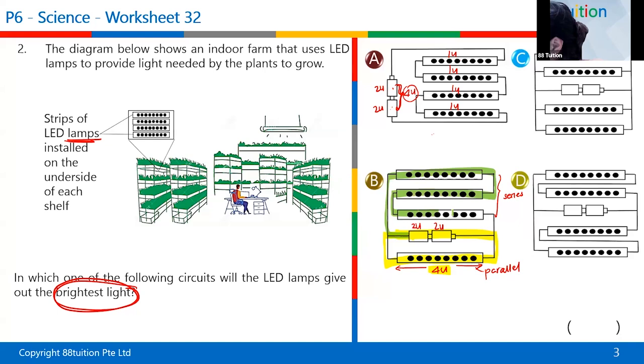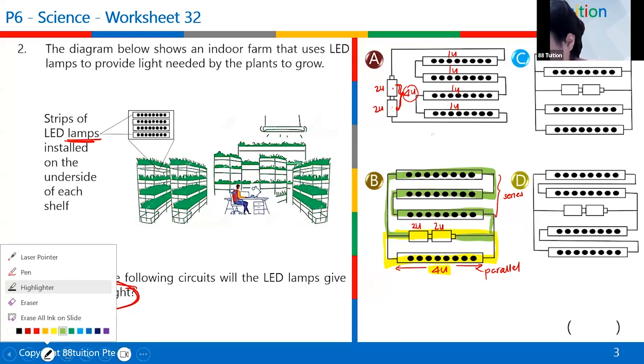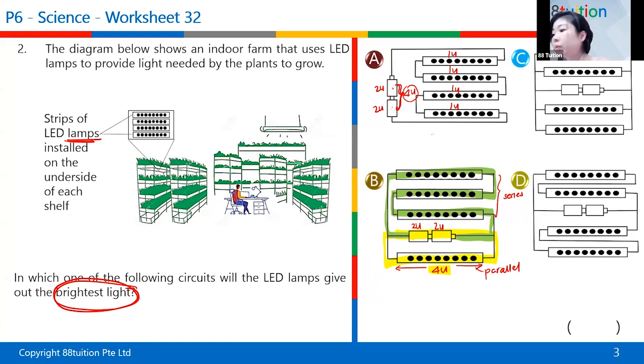I need to divide 4 units amongst how many lamps? Then you go and count it. 4 divided by 3. Yes. So for the lamps on top that are in series, each will receive 1 1/3 units of electricity.